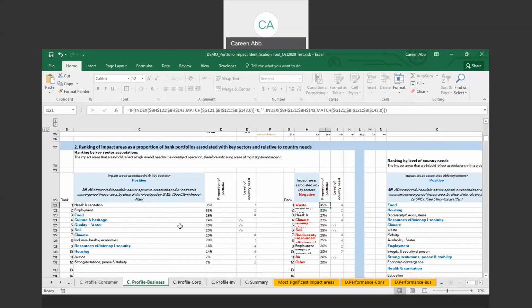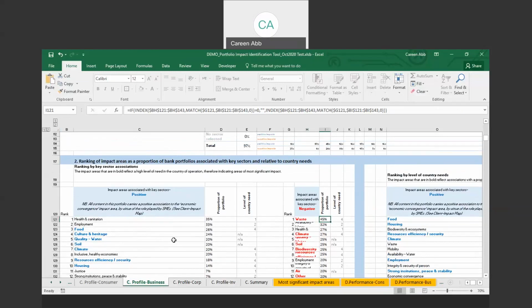It's important to specify that the sectors that have been taken into account to produce this ranking are exclusively the sectors which are considered key for the impact areas. So this is starting to funnel down and to filter, as it were, so that you can understand where your most significant impact areas are.